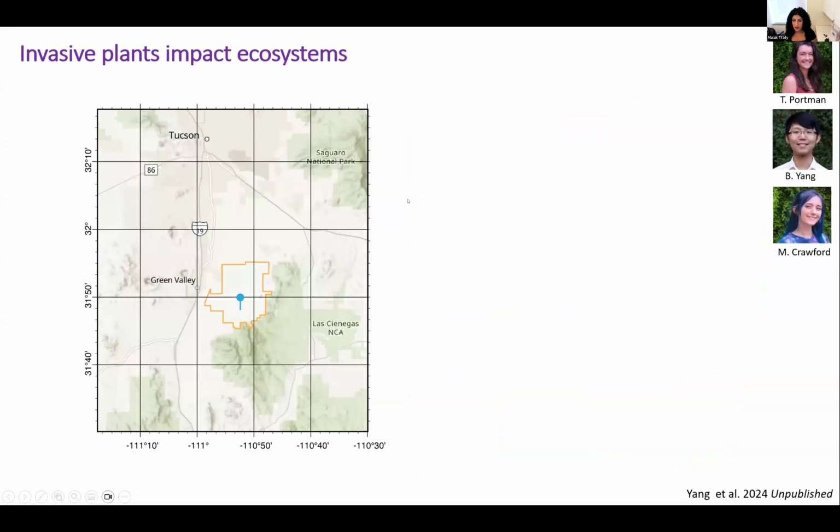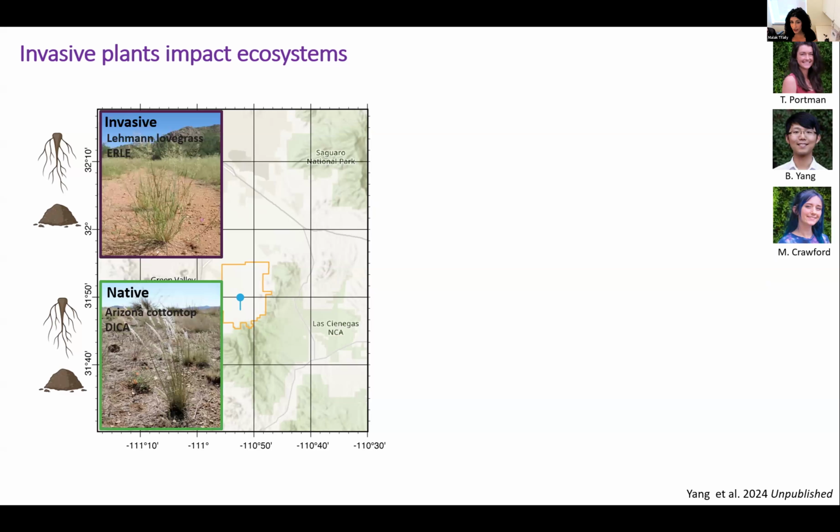So we went to the Santa Rita Experimental Range and we collected both soil and rhizosphere samples that belong to two different plant species. We had the lemon lovegrass, which we're going to refer to as the invasive species, as you could see on top. Another way I refer to it is ERLE, which is the scientific name of this plant.